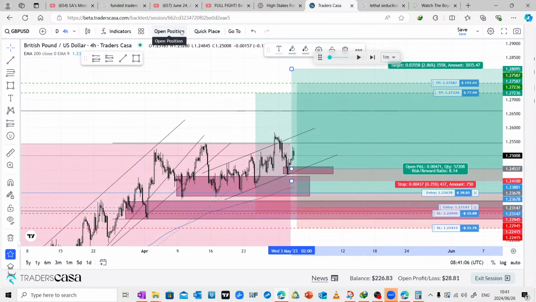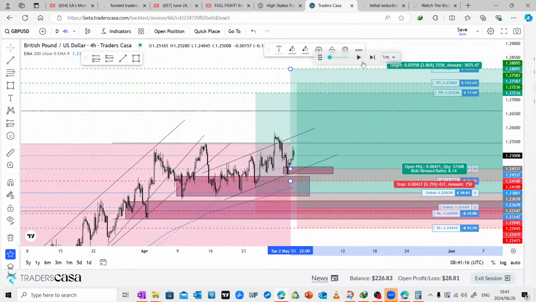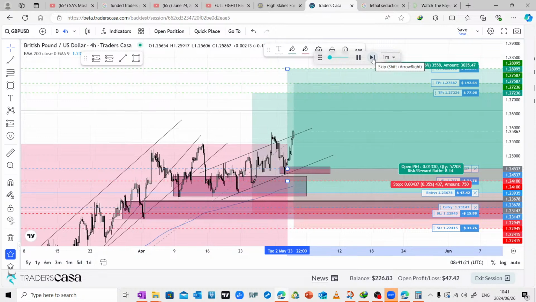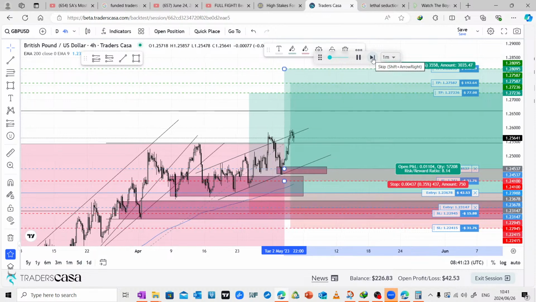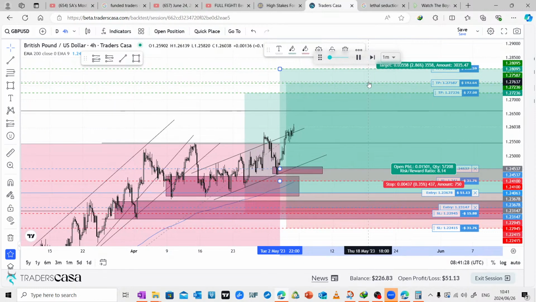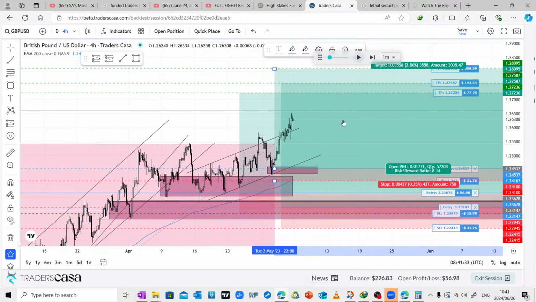And then now I can open a position and then risk 14%, place, and then let's go. Okay, market didn't come back down, kept shooting up. So right there we could open another buy where we're anticipating to go higher.